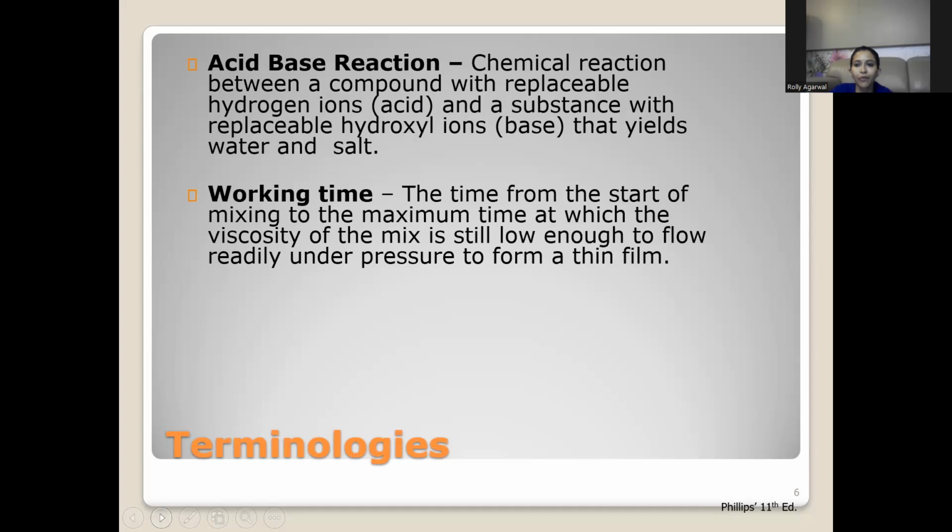Then working time. Working time is a very important concept because this is the time that you'll get from the starting of the mixing of the cement to the time at which the viscosity of the mix is still low enough to flow readily under pressure and to form a thin film. Not just to form a thin film, but also to adapt to the cavities, surfaces, or the walls properly, like if we are using it for restoration.